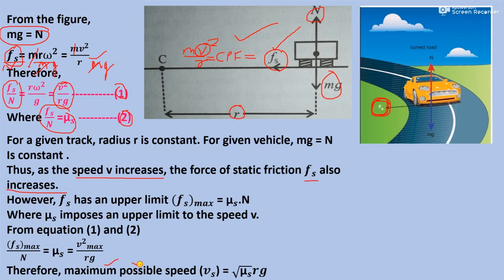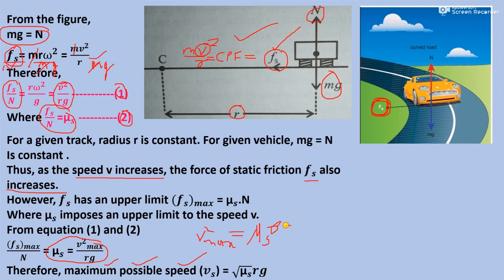Therefore, the maximum possible speed is found by solving this for v square. Solving for v square means you are keeping v square on one side: v square max is equal to mu s into rg.